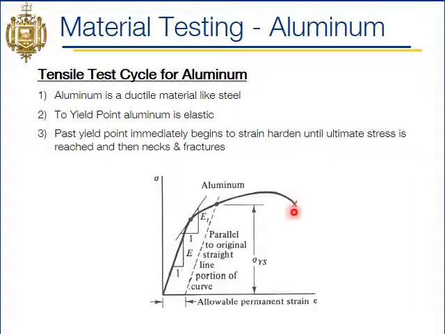So typically aluminums don't take quite as much strain as steels do before fracture. So aluminums, we could say, generally are less tough than steel. That's why we don't see a lot of aluminum-hulled submarines or aluminum-hulled aircraft carriers. It's just not quite as tough.